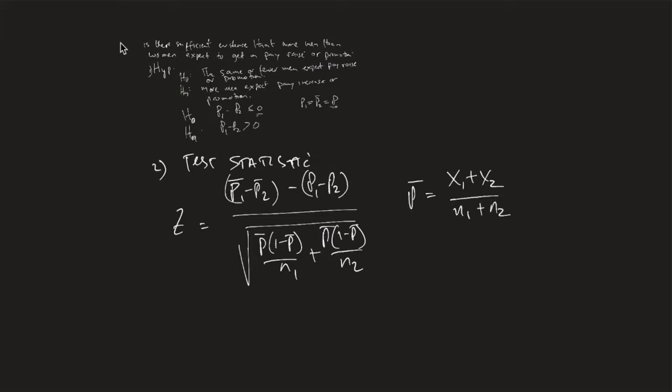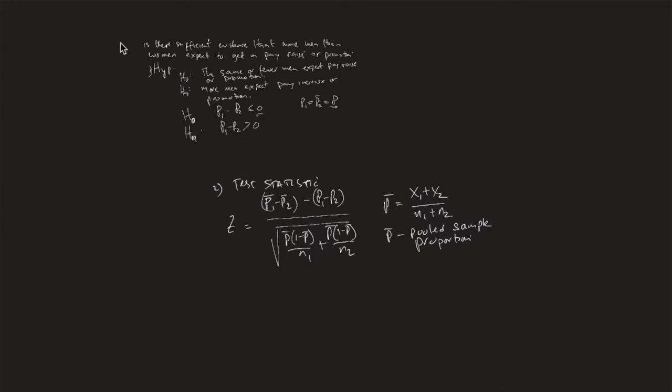We are pooling the data from the two samples, so it's called a pooled sample proportion, just like the pooled sample variance that we did earlier. So that's step 2.